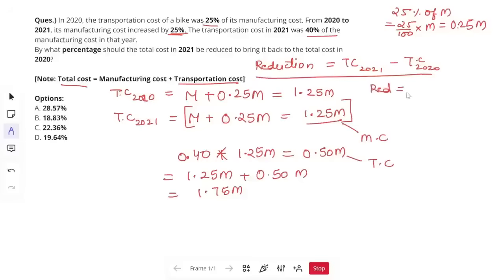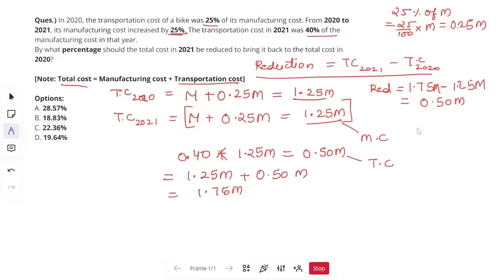In order to calculate it, we need the total cost in 2021, which is 1.75 M, minus the total cost in 2020, which was 1.25 M. So 1.75 minus 1.25 is going to give us 0.50 M. Don't forget to mention M everywhere, because M was a part of it, which is manufacturing cost. Now we are asked the percentage reduction, right? Percentage.